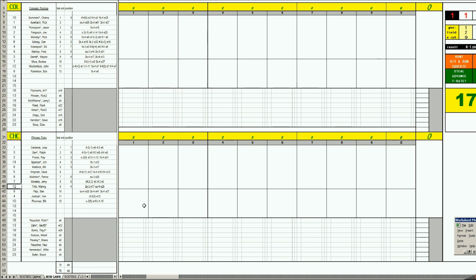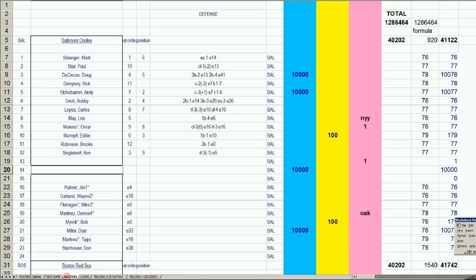So this is now the game player for the fall league, which has the E-rating column in it. I'm going to go to a separate tab called Rosters. In this file, after a draft is done, I copy and paste all the players underneath their team name, starting with the hitters, 1 through 12, and then the pitchers.